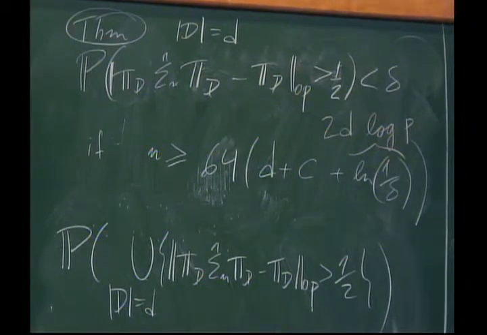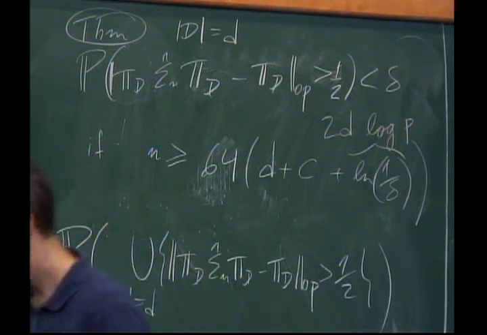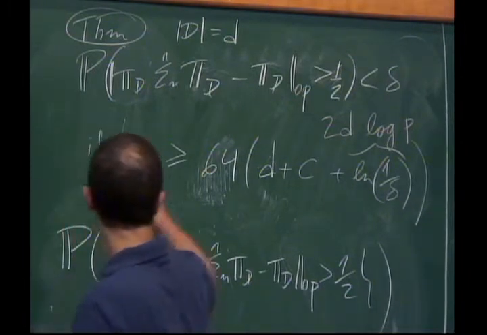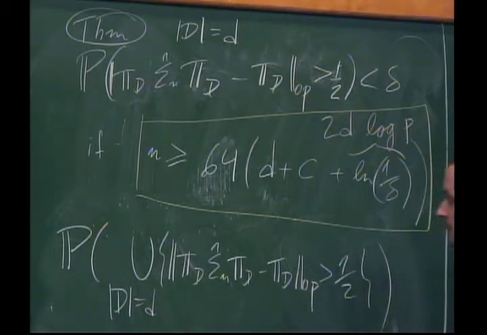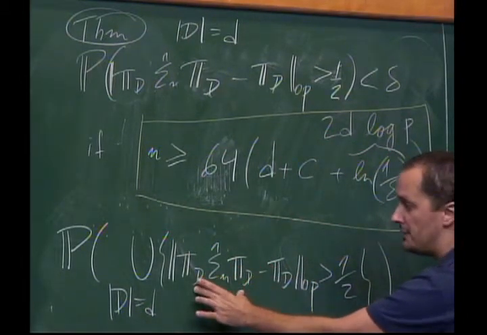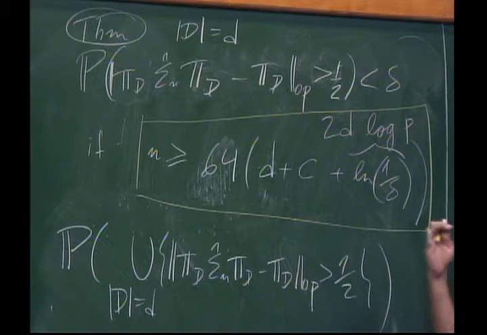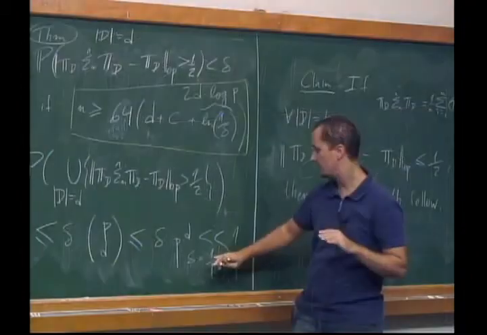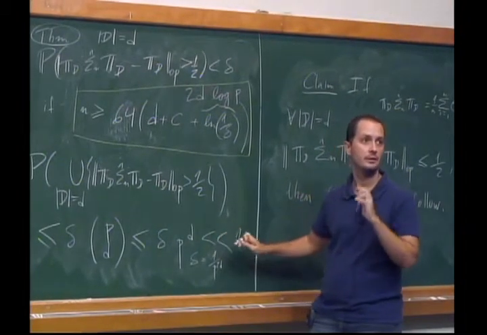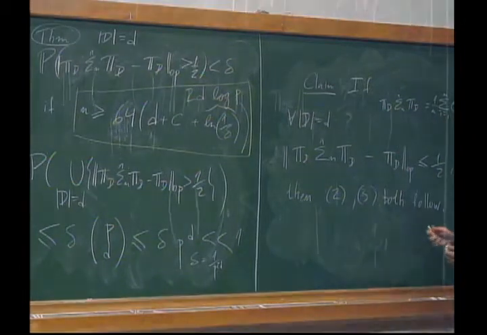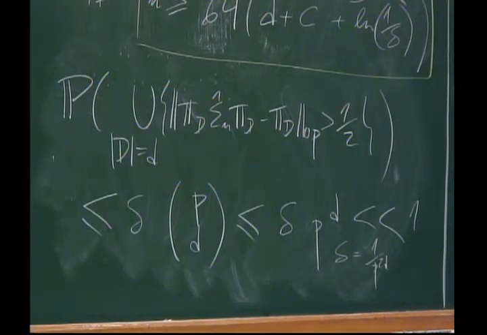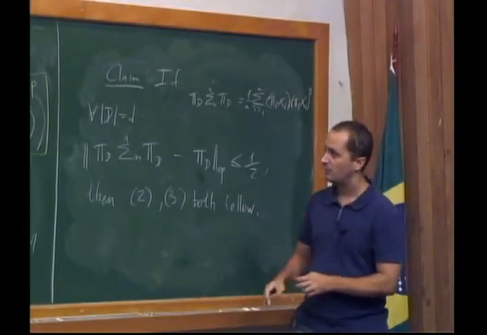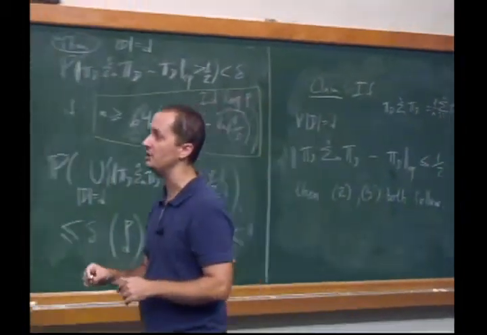Okay, what is this saying? This is saying that if you take an n that is this big, then you can guarantee that the probability that there is some bad subset of the coordinates, some bad block of size D, is very small. We already argued that if all blocks are good, then we have the properties we need, right?